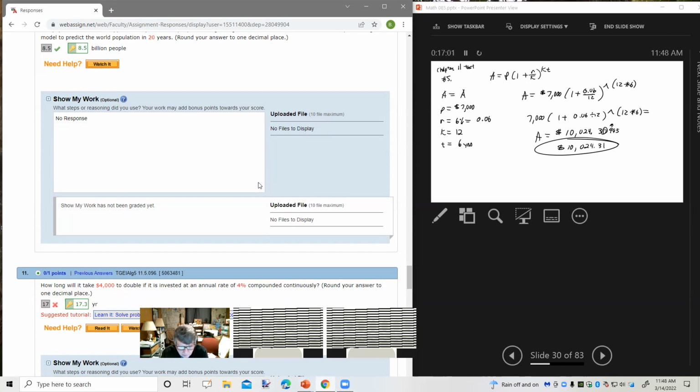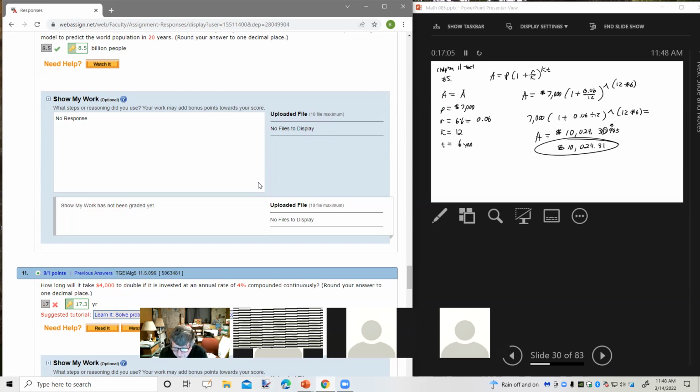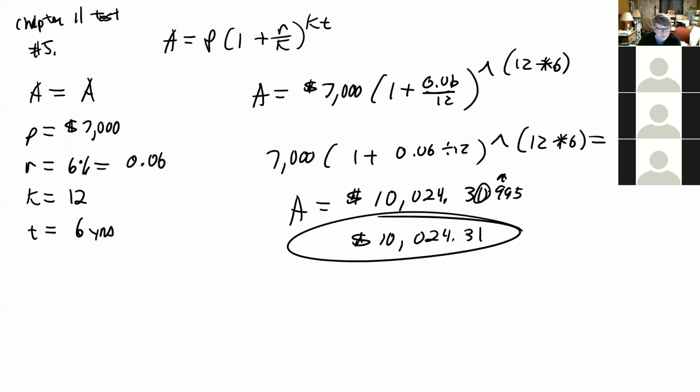I have a quick question. Can barely hear you. Can you hear me now? I can hear you now. Okay, great. I have a quick question. Let's see. I think it's chapter 11 review, number 14. Okay, let's see here.